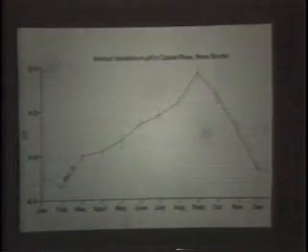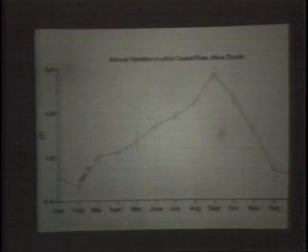Now, as with the pH of the rainfall, the seasonal variation of the pH, the acid content of a river, tends to vary with the season of the year. In Nova Scotia, the pH is at a minimum in the middle of the winter. Here we are, January and February, very low pH.